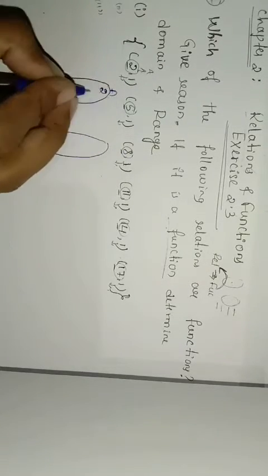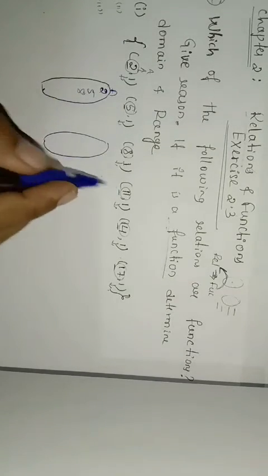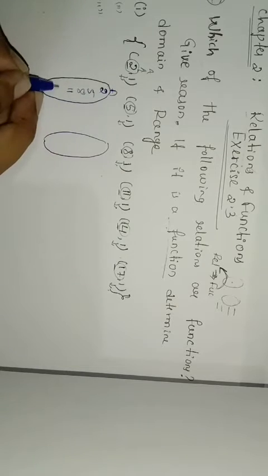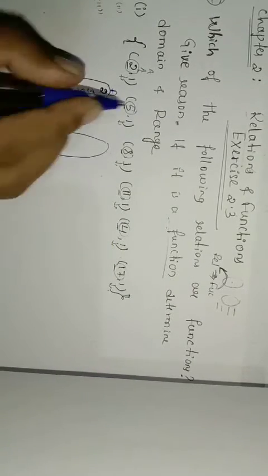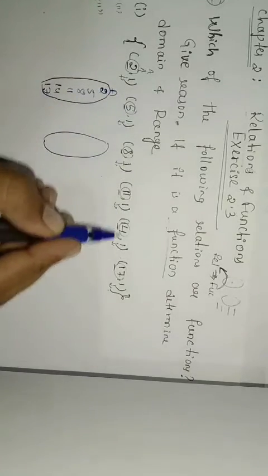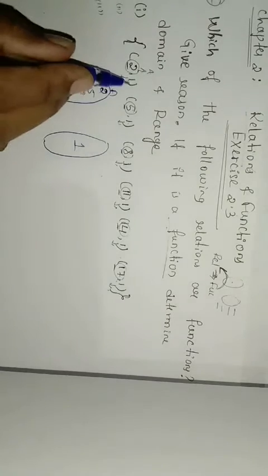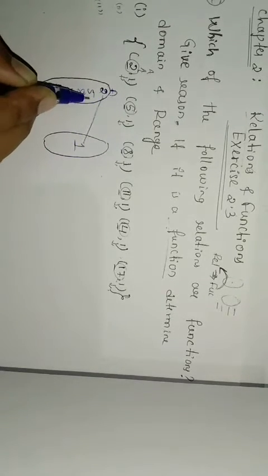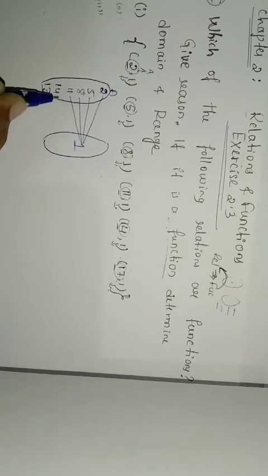That is 2, 5, 8, 11, 14 and 17. In set B we have only 1. So 2 comma 1 means 2 has image 1, 5 has image 1, 8 has image 1, 11 has image 1, 14 has image 1, 17 has image 1.